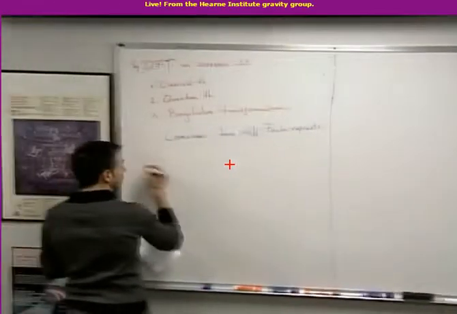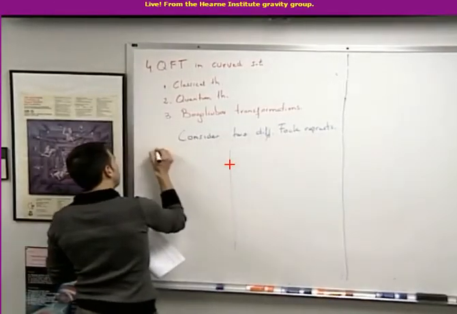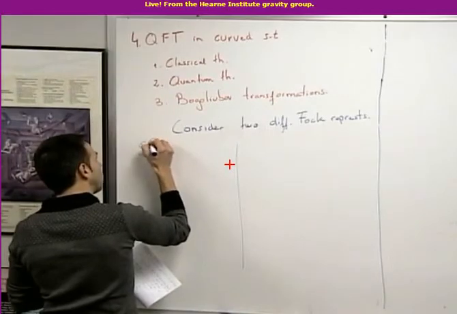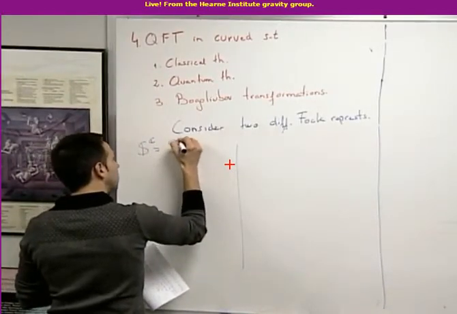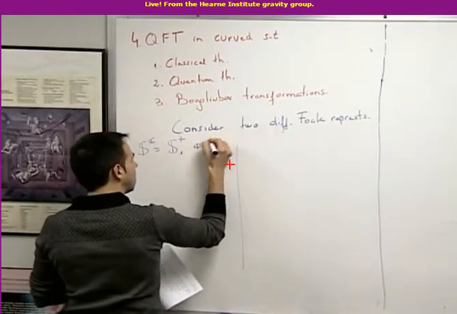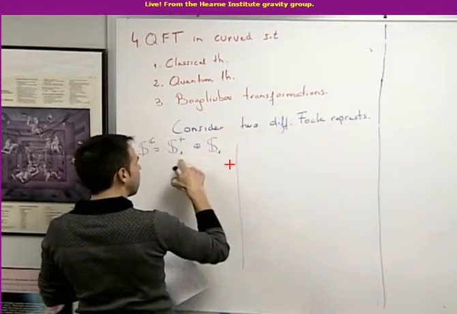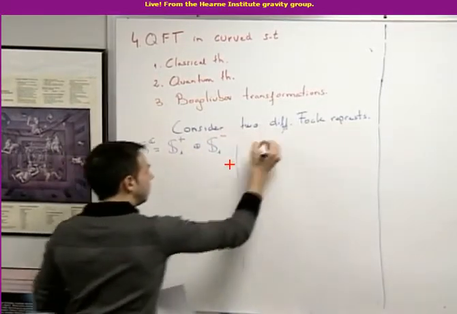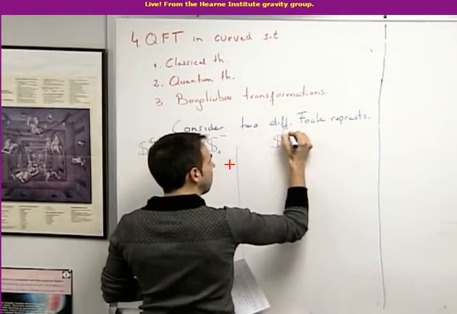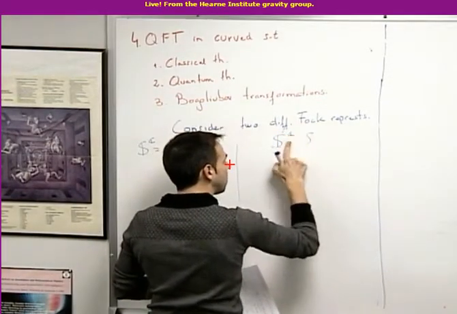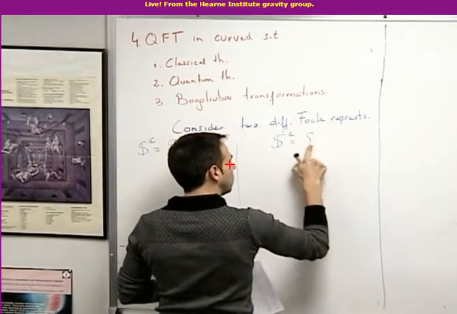So what we have is, on the one hand, the space of complex solutions with a split that I will call S1 plus, S1 minus. The other Fock representation is based on a different split of the space of complex solutions.